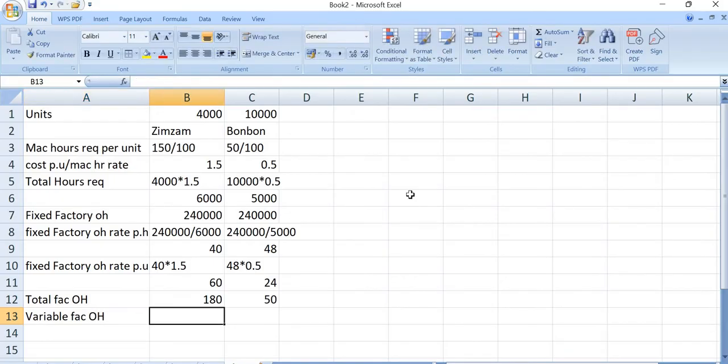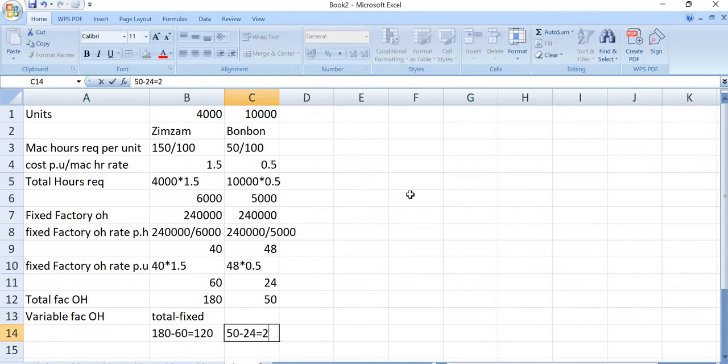Total minus fixed, right? So 180 minus 60 fixed, 120 will be my variable factory overheads. In this case, 50 minus 24, that is 26, will be my variable factory overhead. So we have calculated the variable factory overhead.